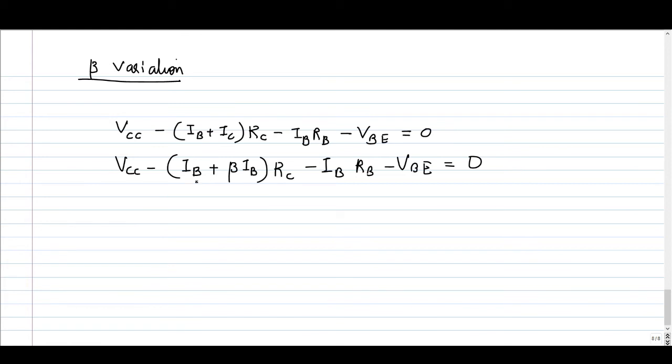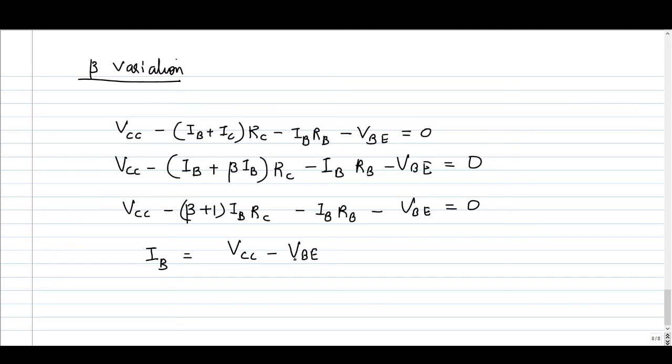Now we can take IB common here. So this is minus of (beta plus 1) into IB into RC, minus IB into RB, minus VBE equal to 0. So what is IB? It is VCC minus VBE divided by (beta plus 1) times RC plus RB.